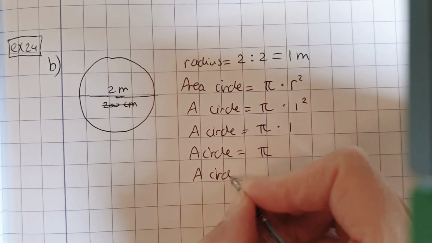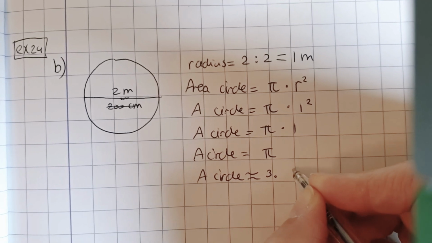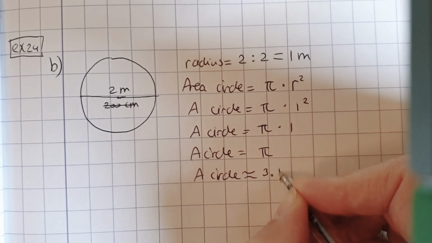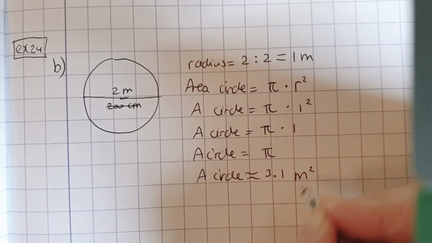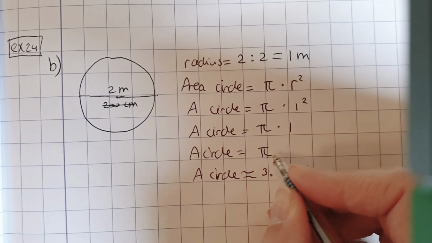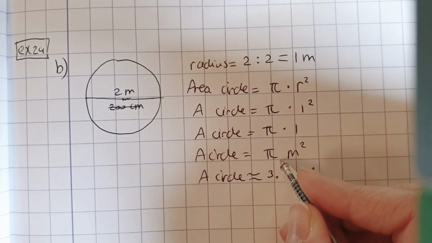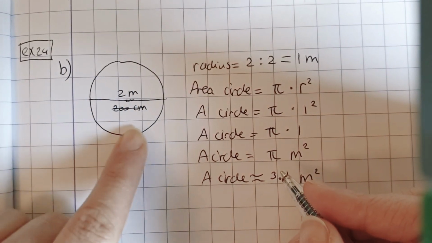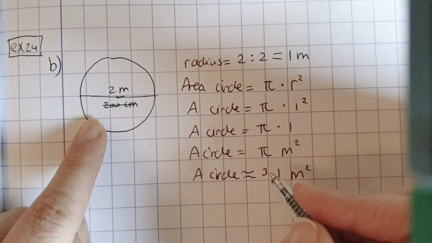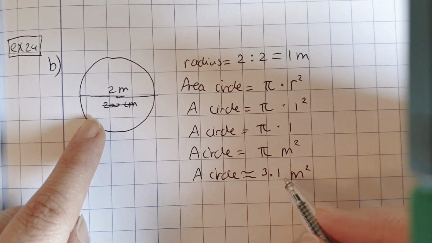But since I already know it, I'm just going to do 3.1 then. Of course, it's more exact if you say it's pi squared meters. But since that sounds a little bit weird whenever you're, for example, doing something in the garden with a circle or whatever, it's easier to use this number 3.1.